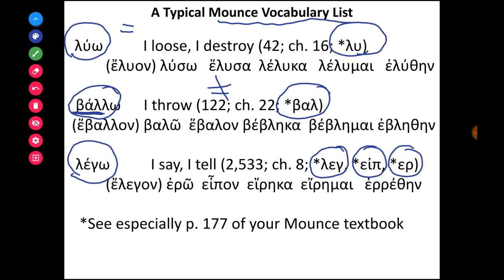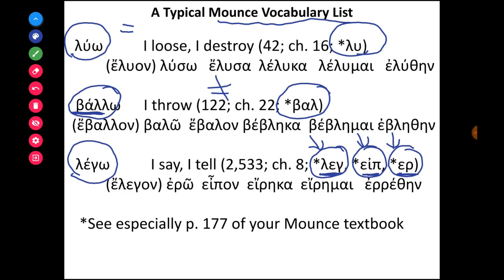And so you might ask, well, how do I know which verbal root to use for which tense? And that's, again, a matter of memorization. You'll just simply have to memorize that leg is used for the present and imperfect tense, eip is used for the aorist tense, and for the remaining tenses, er is used. And that's something I memorized.